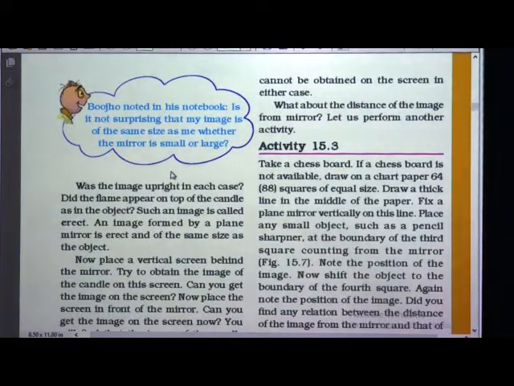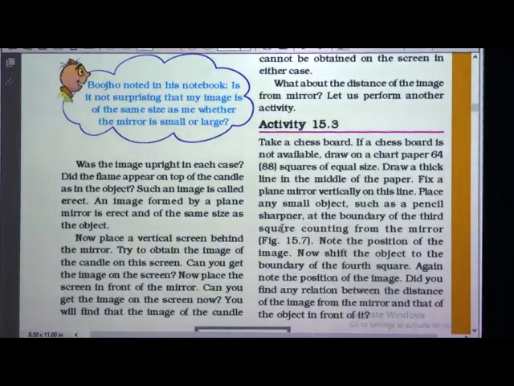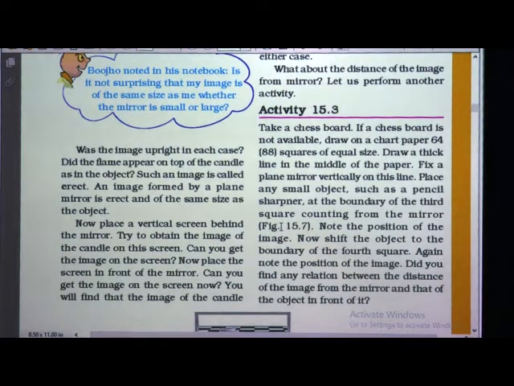Bhujo noted in his notebook, is it not surprising that my image is of the same size as me, whether the mirror is small or large. Whatever activity is there with this plane mirror, whether the mirror is small or large, he found that his image is the same in size.